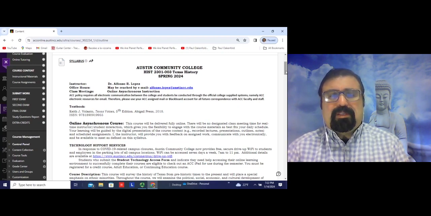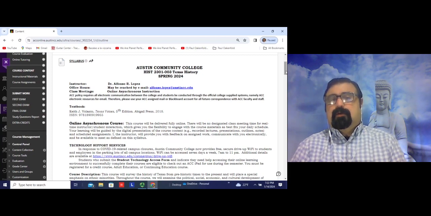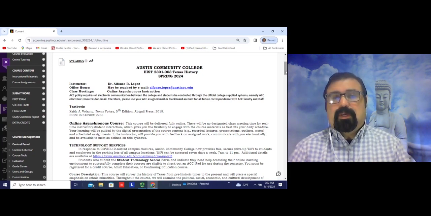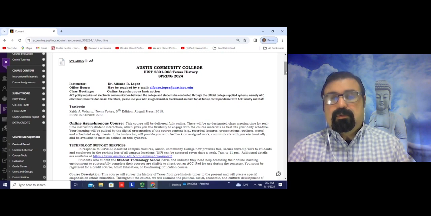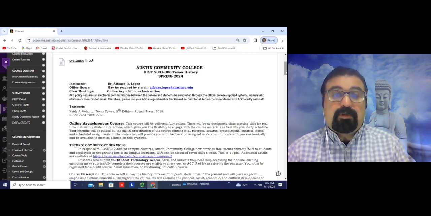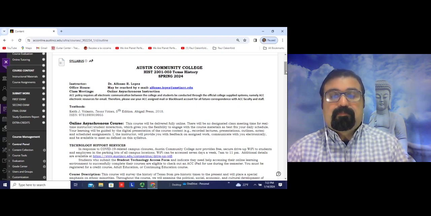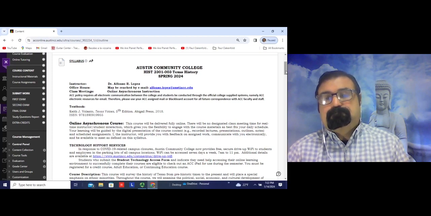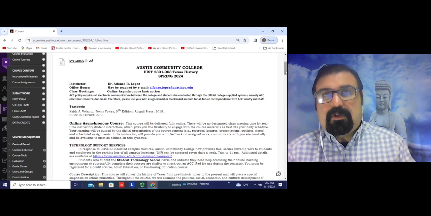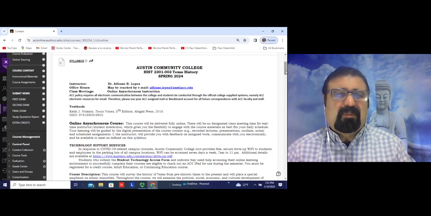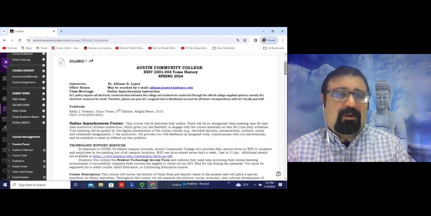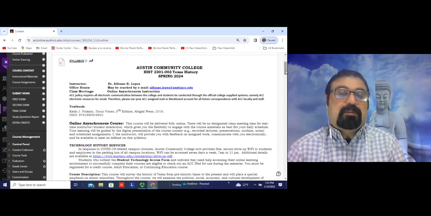Now, according to ACC policy, all electronic communication between faculty and students must take place through the official college supplied systems. That is, if you send me, for example, an email through your private email account, I will not be responding to that private email account, just because that's ACC policy.